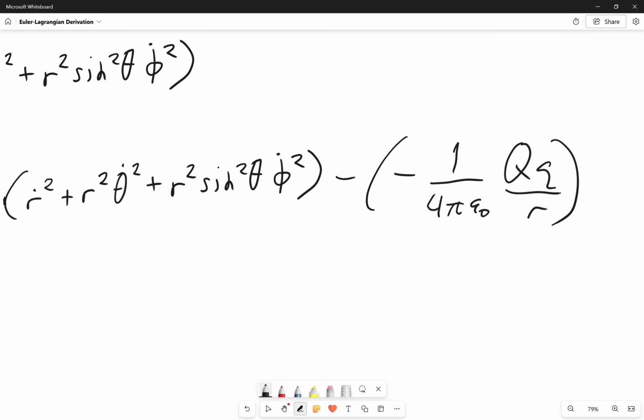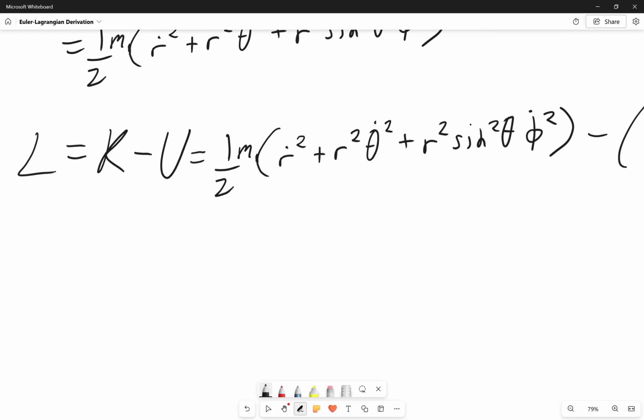And notice there are two negatives, so I'll turn this Lagrangian into a sum.